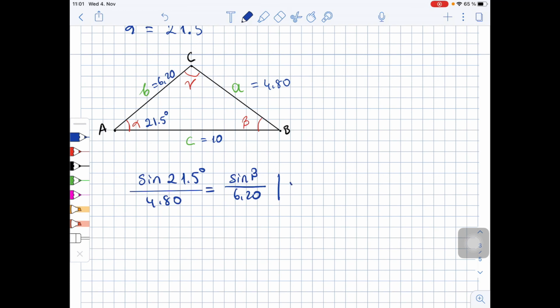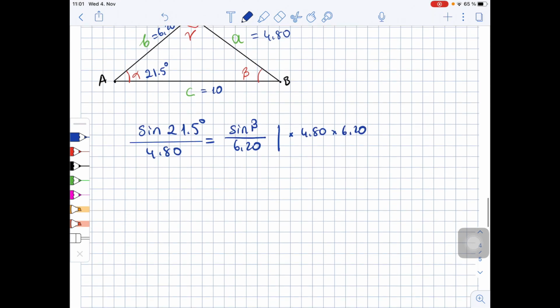So it's going to multiply by 4.80 times 6.20, right? This side it's going to be sine 21.5 degrees times 6.20. It's equal to sine beta times 4.80. Am I right? Yes. And then divided by 4.80. So sine beta is left here.